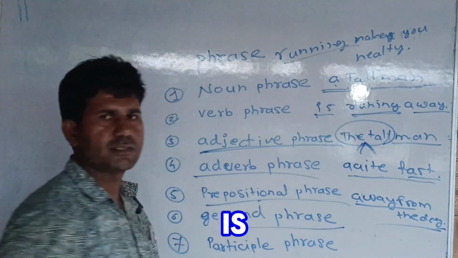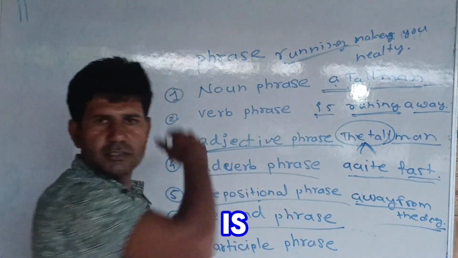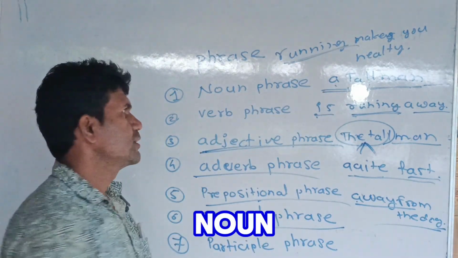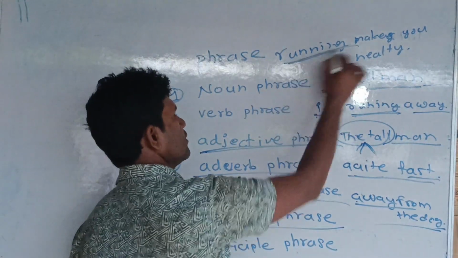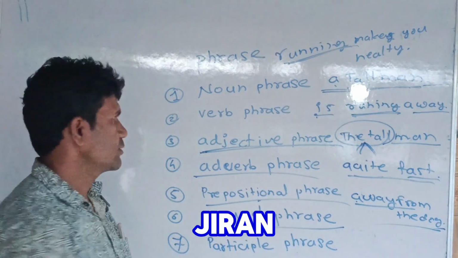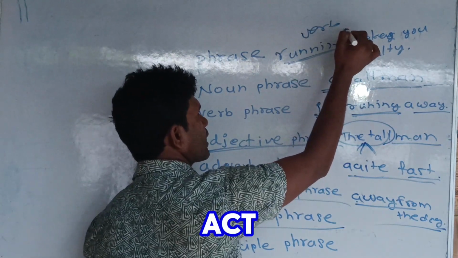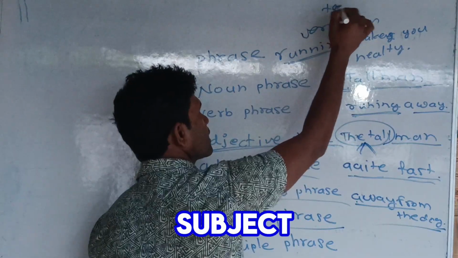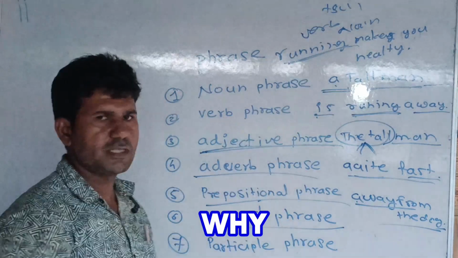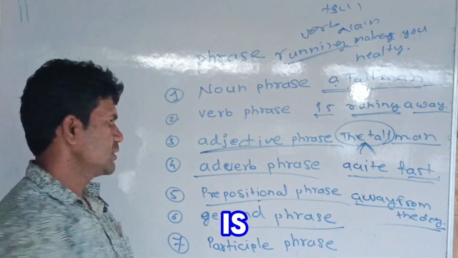Running, which is usually an action, but in this case it is a noun, taking the place of a subject. So in such a case this word is considered a gerund and it contains a verb, acts as a noun and also takes the place of a subject. It does three things. That's why a single word can be considered as a phrase, which is a gerund phrase.